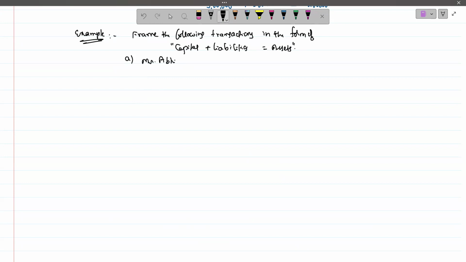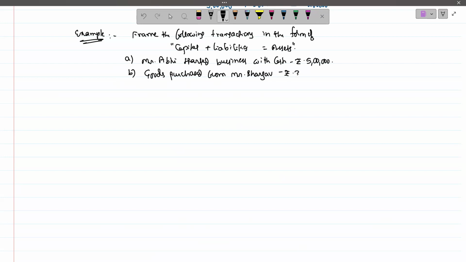For example, Mr. Abhi started a business with cash rupees 5 lakh. Goods purchased from Mr. Bhargav, rupees 3 lakh.